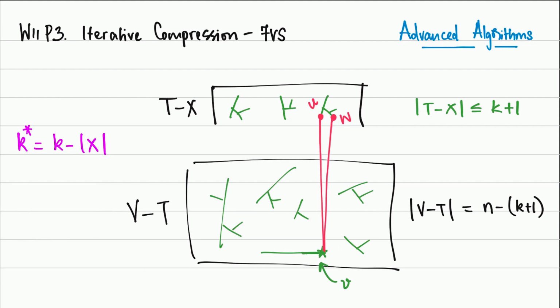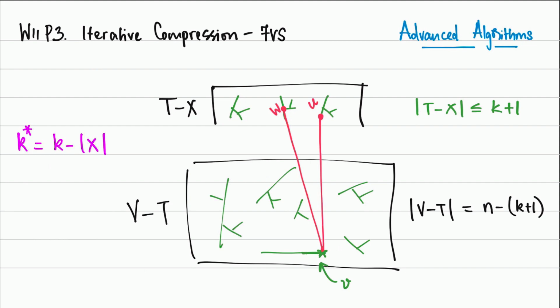Here we have a cycle where V is the only vertex from V minus t on this cycle. So we would have deleted V and reduced the budget if this was the picture. So we do know that V has an extra neighbor in t minus x, but that extra neighbor is in a different tree of t minus x. So these are all the things that we know must be true from all the simplification that we have done so far.